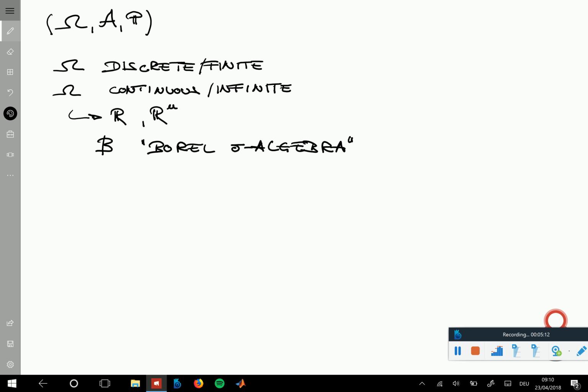I think I stop here on probability spaces and focus now on random variables. We will see the Borel sigma algebra again. Think of it as a power set of the real numbers or the multi-dimensional real numbers, so that you associate at least something.